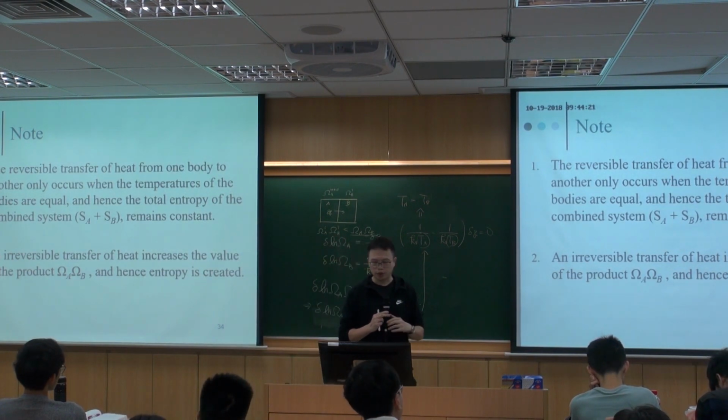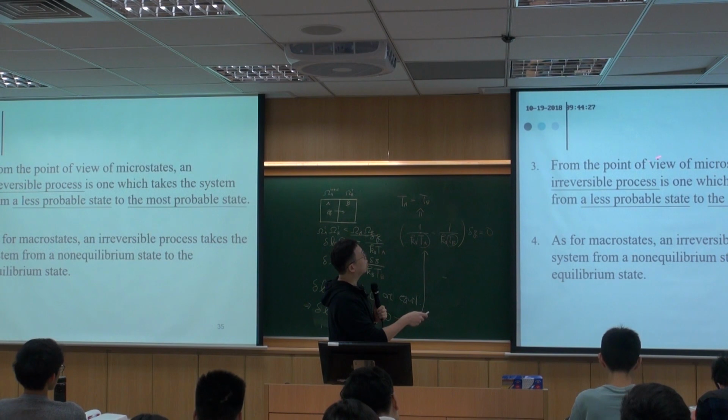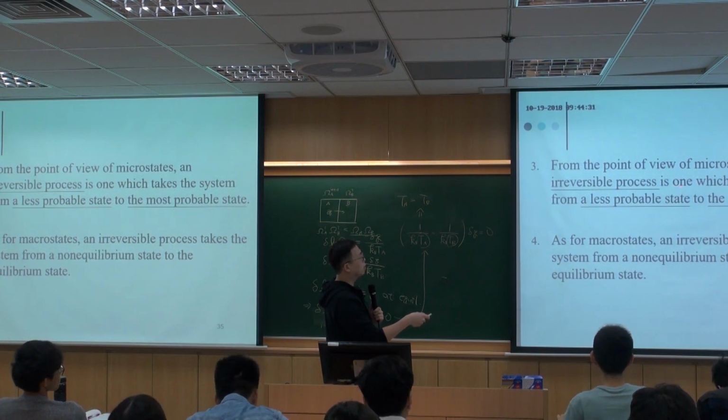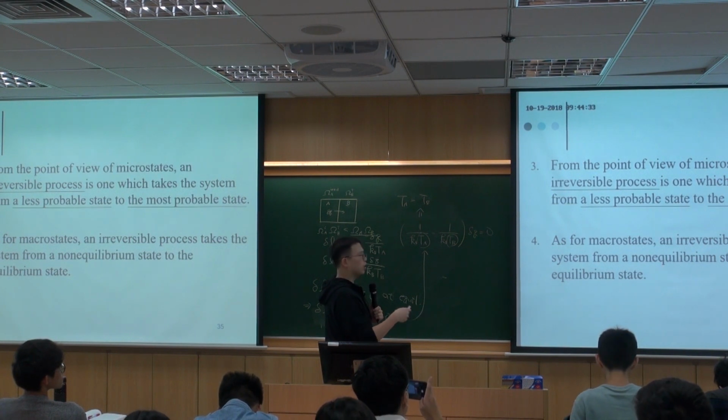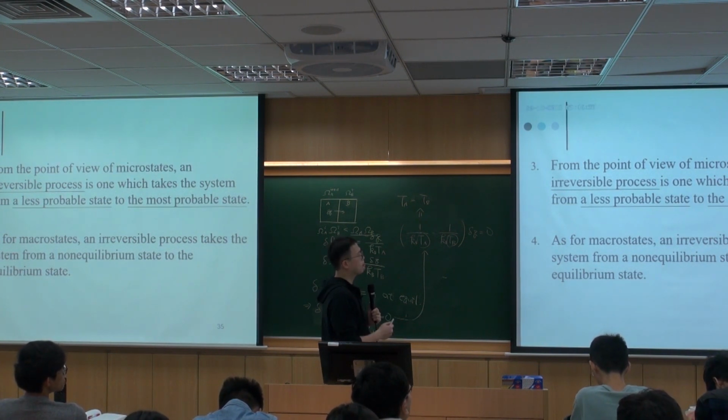The entropy will increase. And from the point of view of microstates, when we talk about irreversible process, it means that the system is evolving from a less probable state to the most probable state.